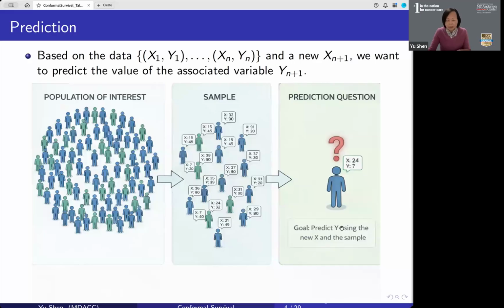Say a future patient comes in, she's 55 years old with all those tumor characteristics, and we're interested in predicting her survival time. That's the purpose of this prediction.